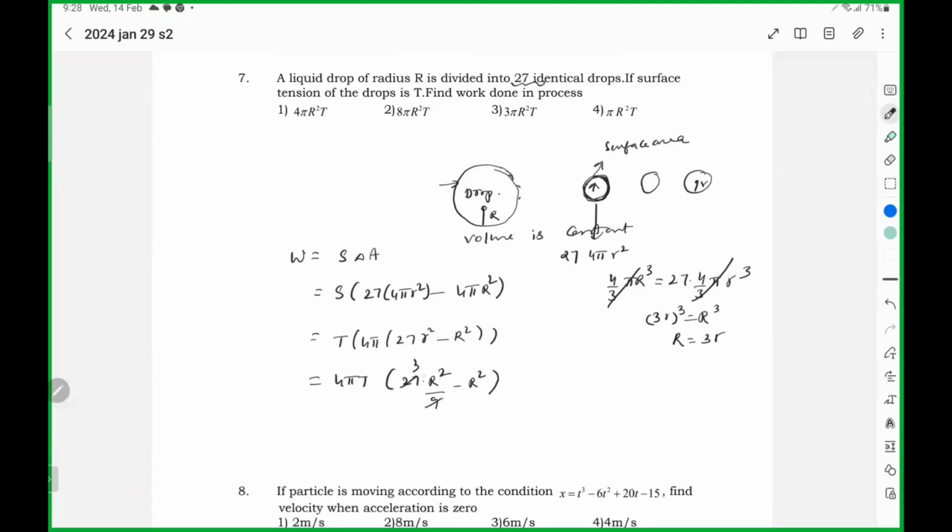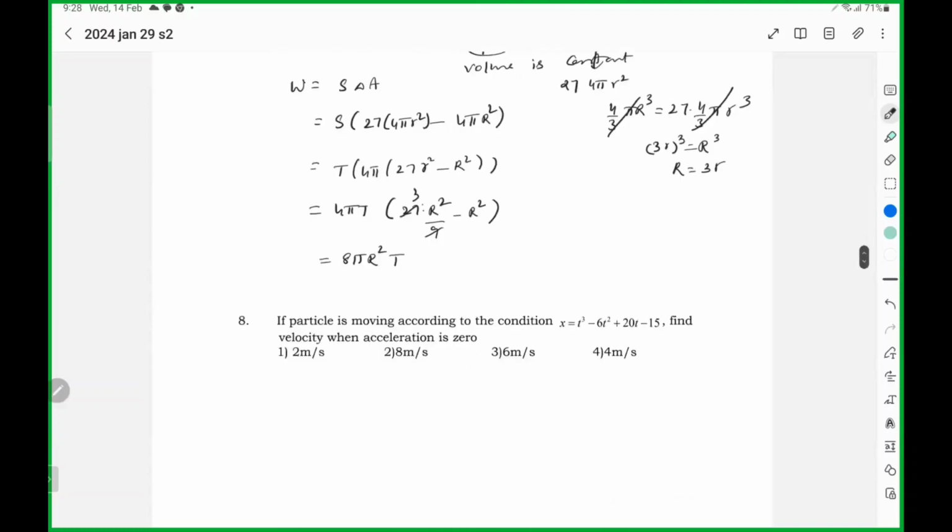It is 2r square, so 8 pi r square T. This is the work done in this process.